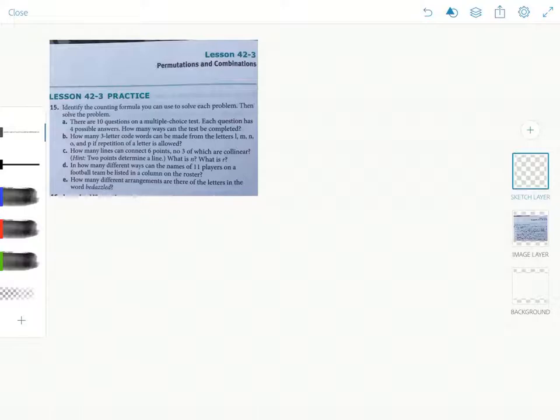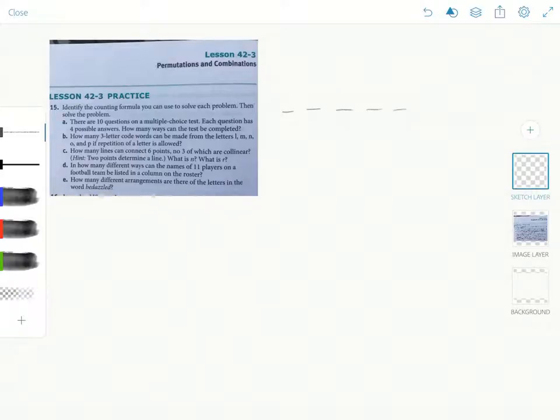So here we go. Letter A, there are 10 questions on a multiple choice test. Each question has 4 possible answers. How many different ways can the test be completed? So we could think about this similar to a secret code.